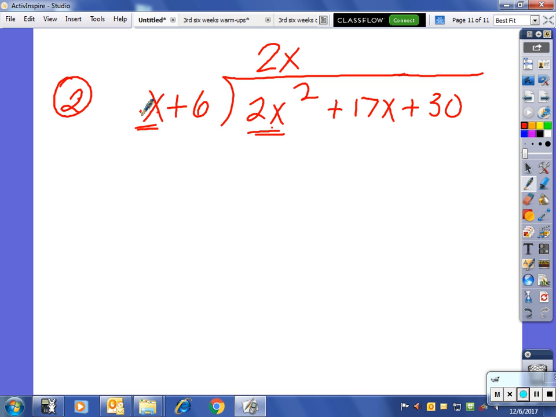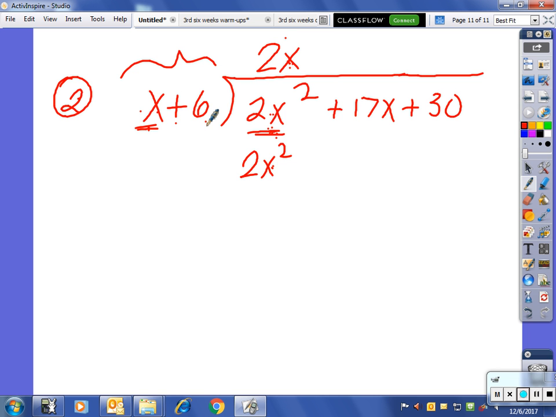You want this times this to equal exactly this, because you don't want any x squareds left over. So what times x would give you back 2x squared? 2x. Now you have to take that 2x though and multiply it by the entire divisor. What's 2x times x? 2x squared. That's why I put a 2x up there, because I wanted these to be exactly the same.